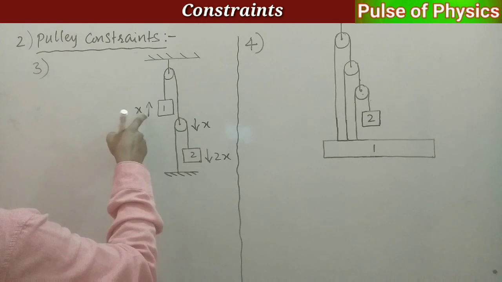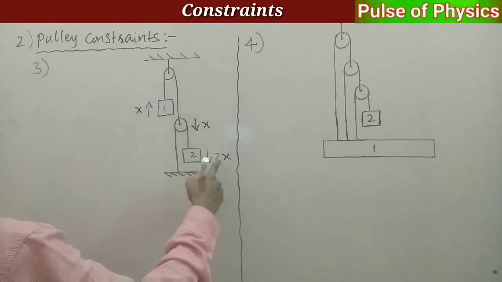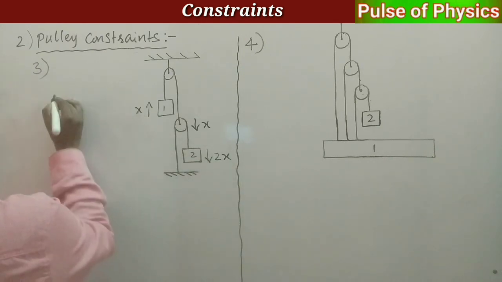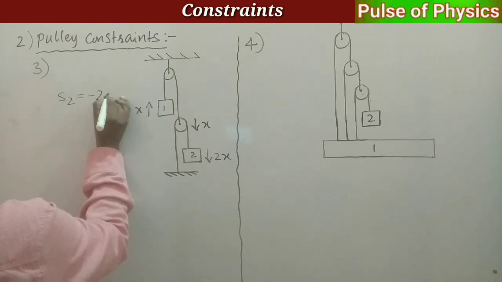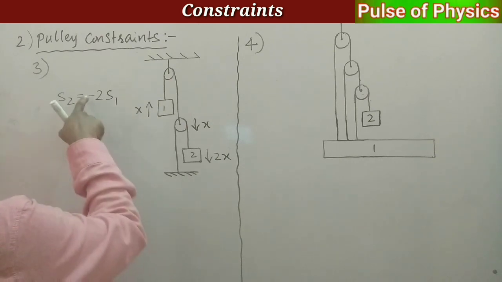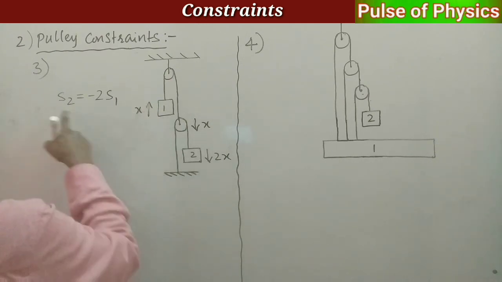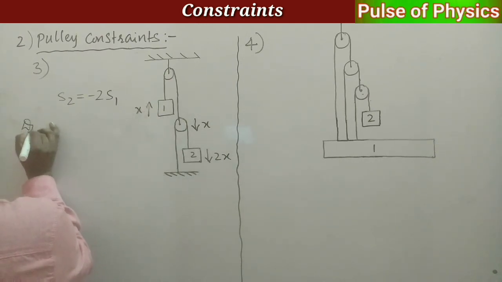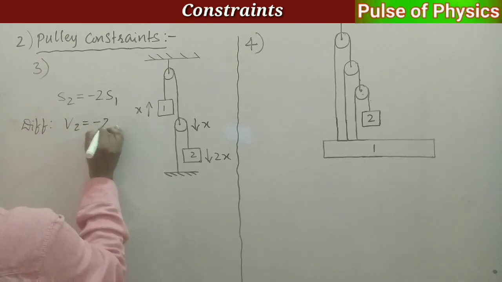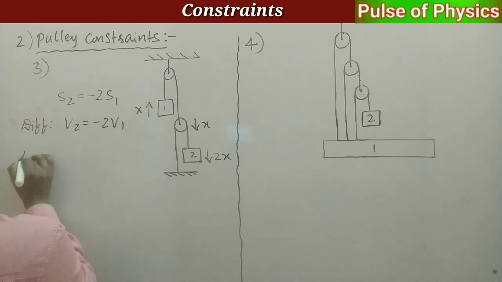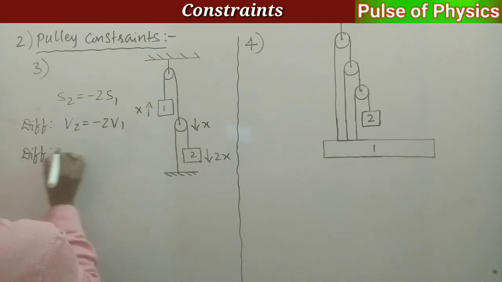Displacement of the first block is x. Displacement of the second block is 2x. Therefore, the displacement of the second block is minus 2S1. Minus represents the upward direction. So, differentiate this. V2 is equal to minus 2V1. Again differentiate this with respect to time.